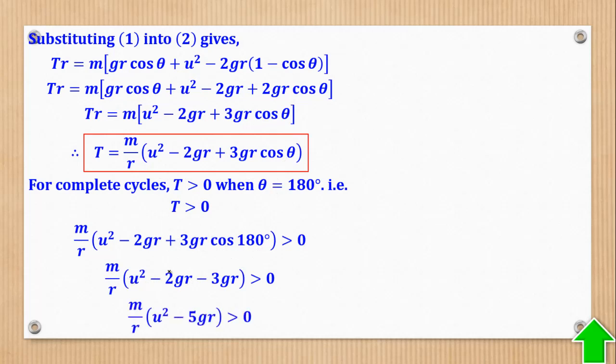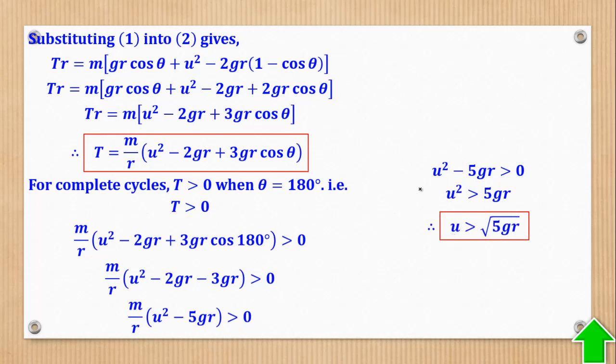Then you simplify this, and this gives you minus 5gr. Then this goes away, you remain with this, which will be greater than 0. Take this one this side to come up with this, and that will be the condition for complete cycle.